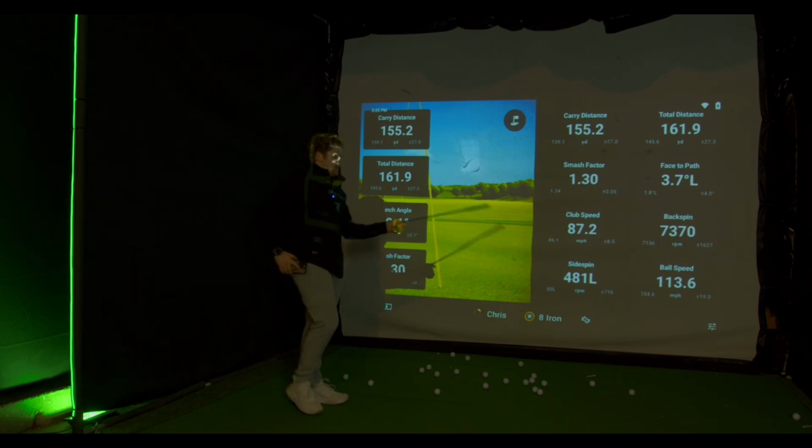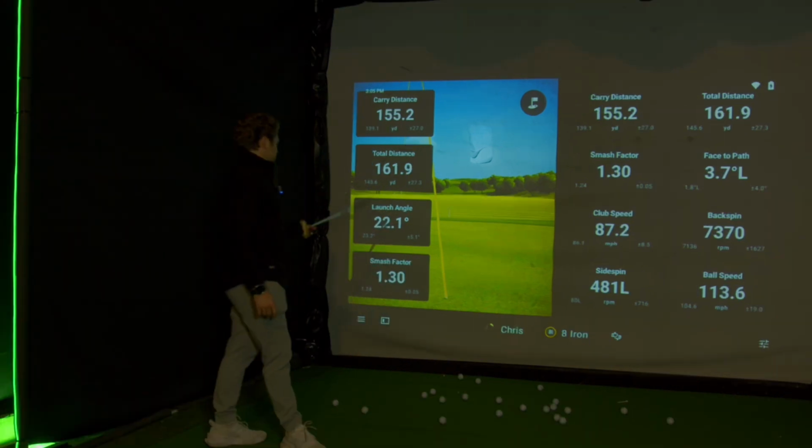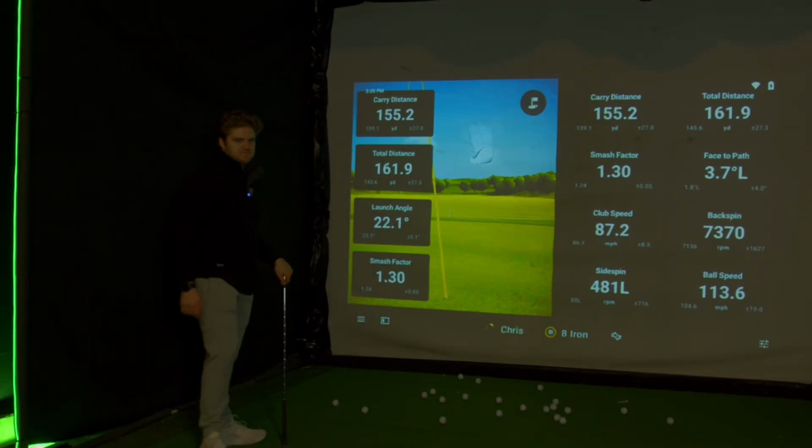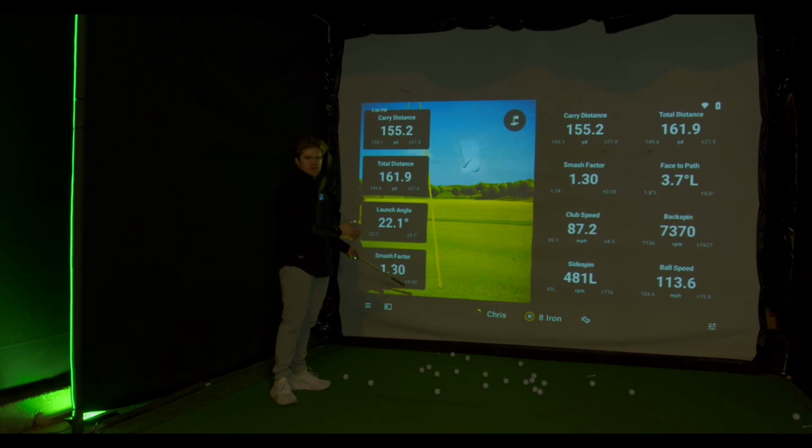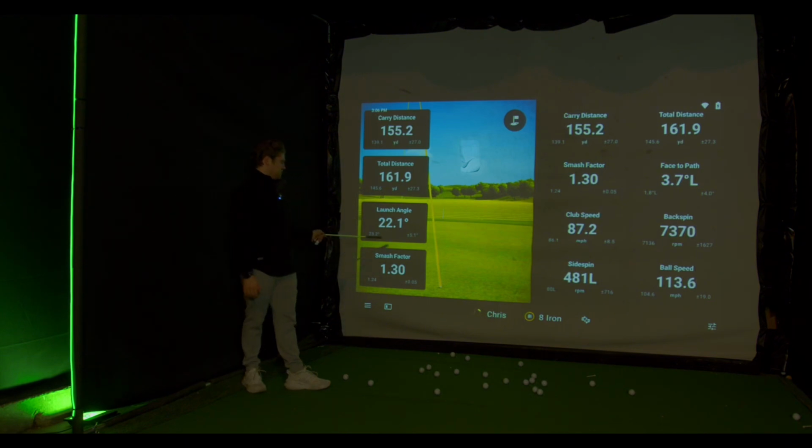So that's how you calculate the smash factor number right here. A higher smash factor indicates better energy transfer and efficiency, where a lower one indicates pretty bad energy efficiency. So you really do want to keep this around the 1.3.